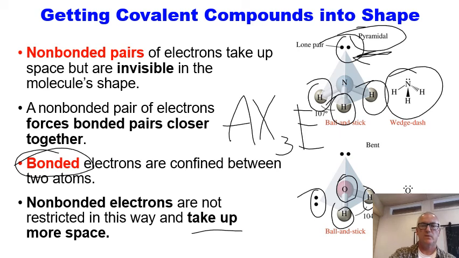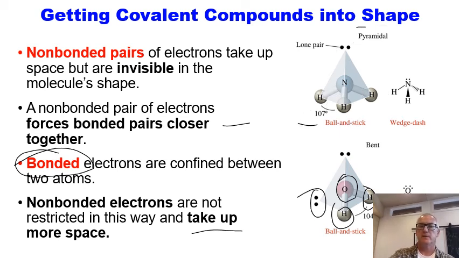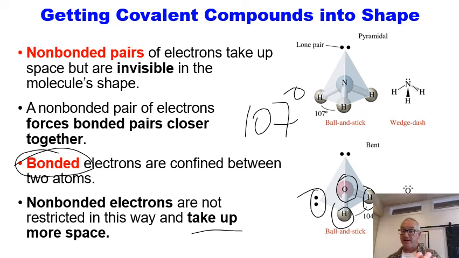With ammonia, the angles between the hydrogen atoms are 107 degrees. But water has 2 lone pairs that push them even further away and closer to each other, so the bond angle is only 104. And the difference is the additional lone pair, which takes up more space and pushes those other electrons further away from it.